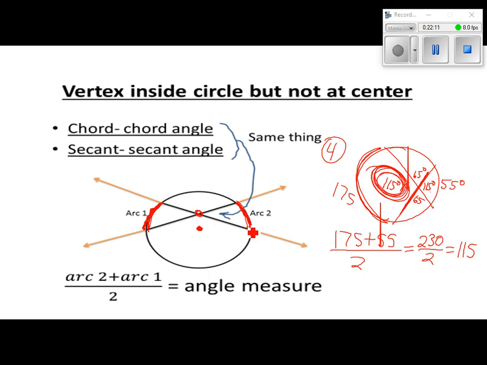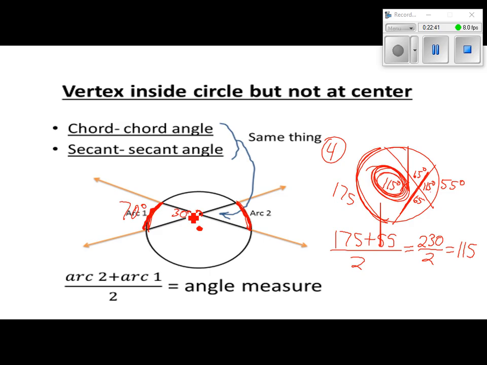Some of them, when you have those kind of problems, are a little tougher. Trying to see if I can find one that's a little tougher. It doesn't look like there are any on this packet. Maybe they tell you this arc is 70 degrees, and maybe they tell you the angle is 30 degrees.